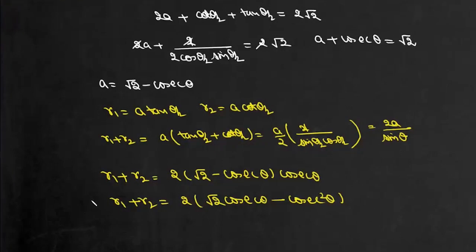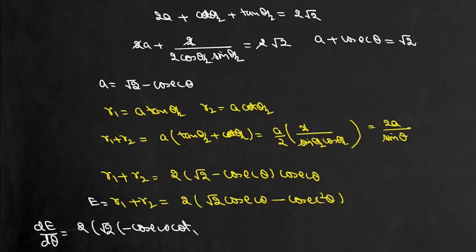So let this expression be E. So dE upon d theta will be 2 and then root 2 into minus cosec theta cot theta and then minus 2 cosec theta into minus cosec theta into cot theta equals 0.